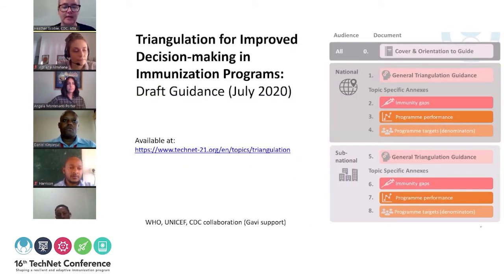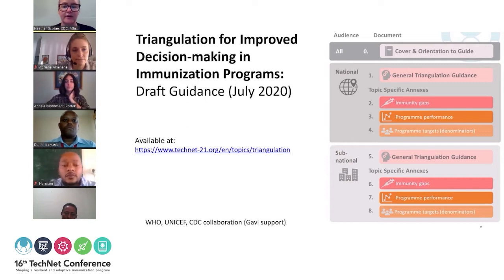So CDC, in collaboration with WHO and UNICEF, developed some draft guidance on triangulation for improved decision-making in immunization programs. This guidance is available at the TechNet website that you see there. The schematic shows an outline of the different documents that are available.